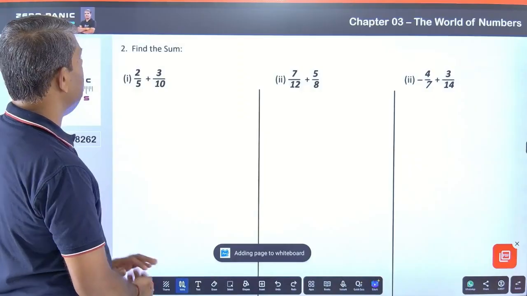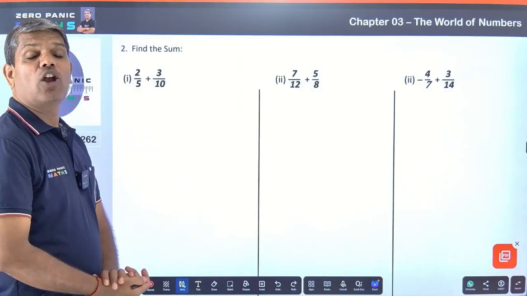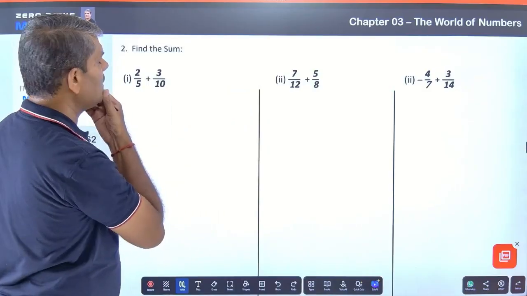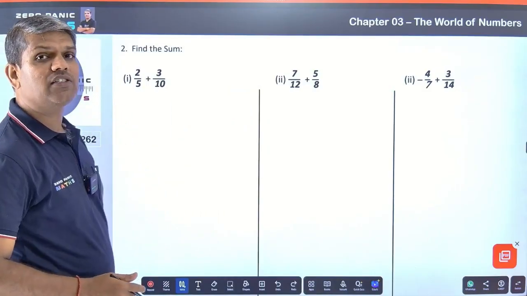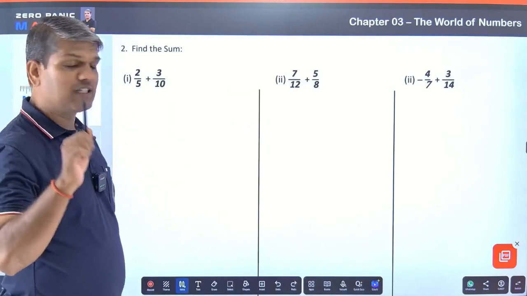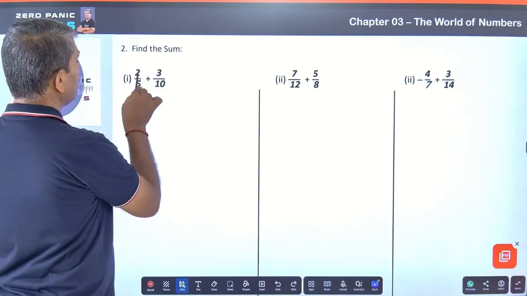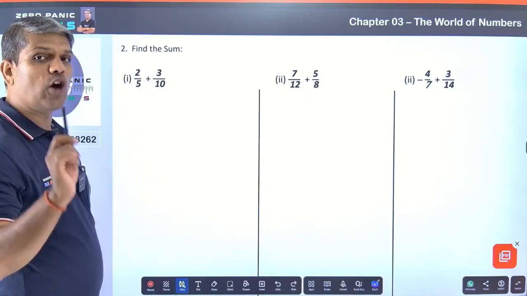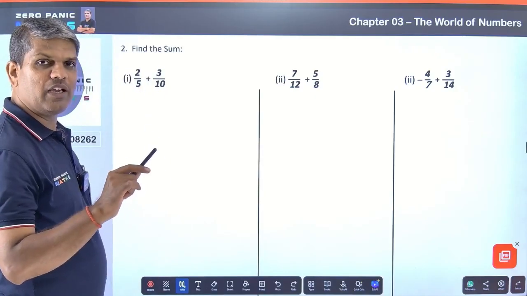Okay, now you need to apply the law of addition here and resolve these problems. What was the law of addition? You should remember this, right? If two fractions are given, the denominators should first be made equal.